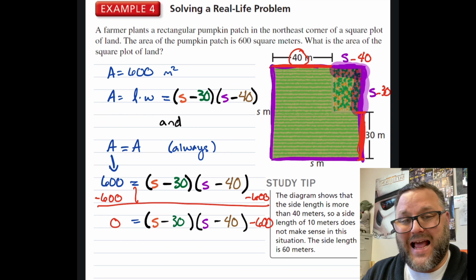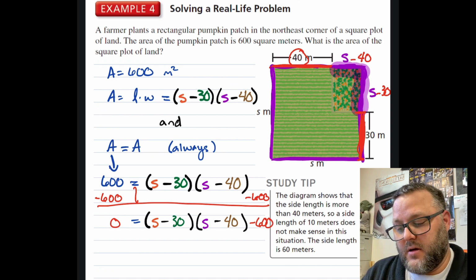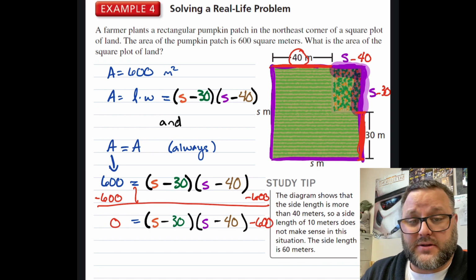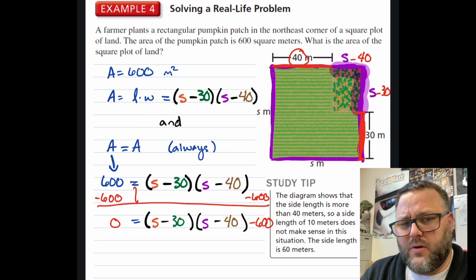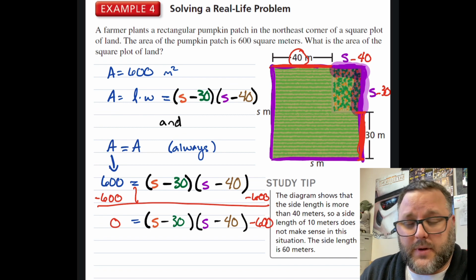So that's just how I got to the start of finding length times width, where length here, in the case that I wrote it, is S minus 30, but it's really S minus 40. Overall, it doesn't really matter because it's multiplication.